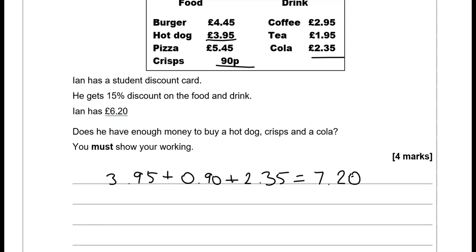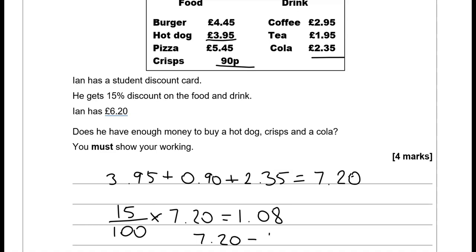He gets a 15% discount, so 15 over 100 times 7.20 gives us £1.08. So taking that away from the £7.20 gives us £6.12.